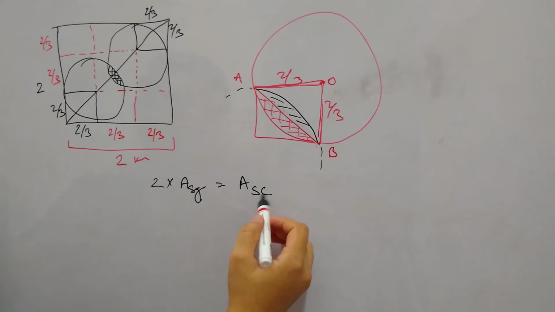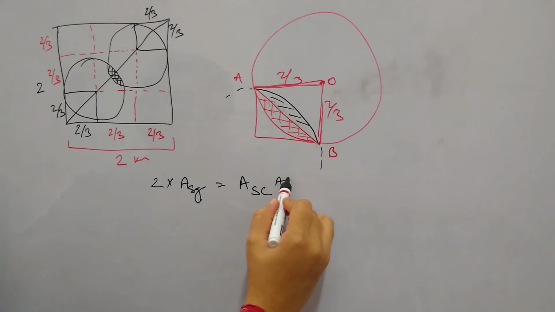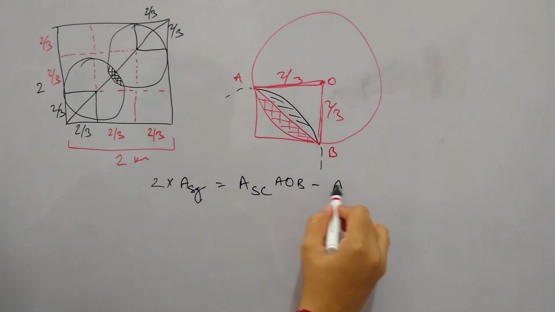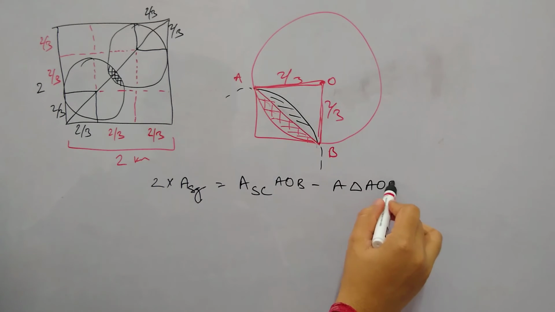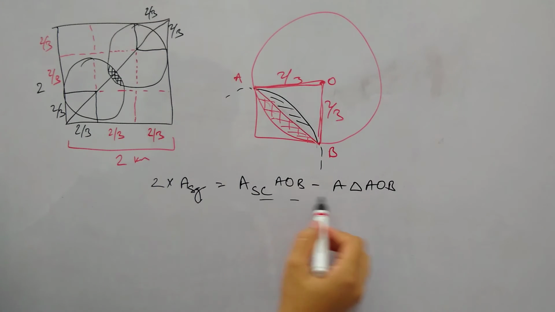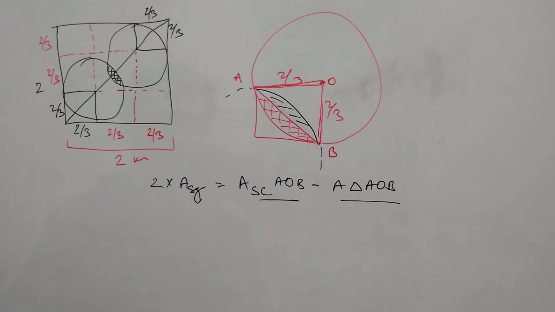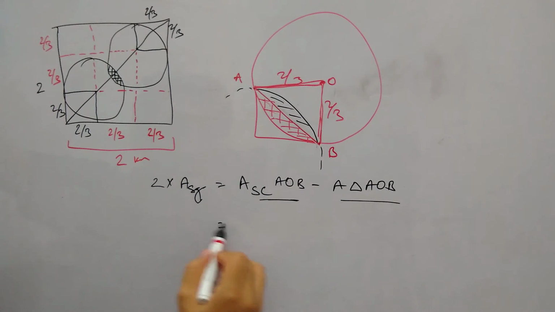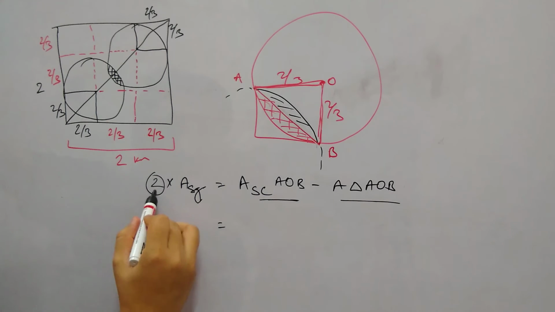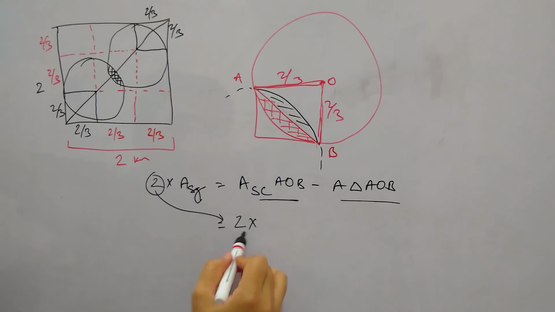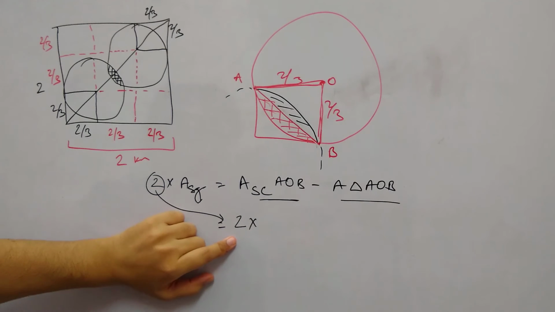Let's say the area of the sector is ASC. So area of sector AOB minus area of triangle AOB. From the sector area, if we subtract the triangle area, then we'll get the area of the segment. I am just keeping this 2 so that in the end we won't forget, we have to multiply this by 2.